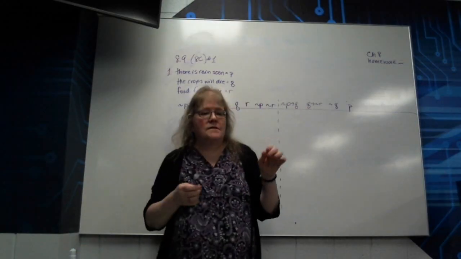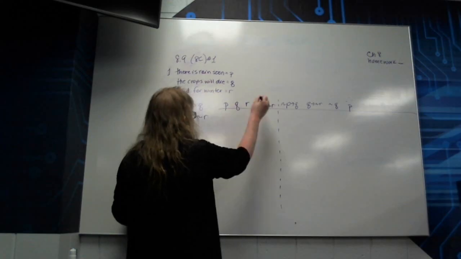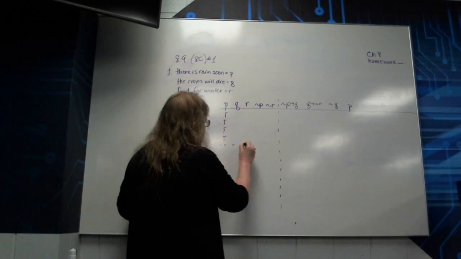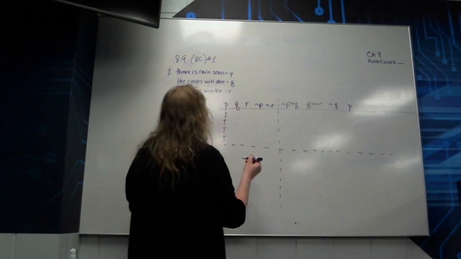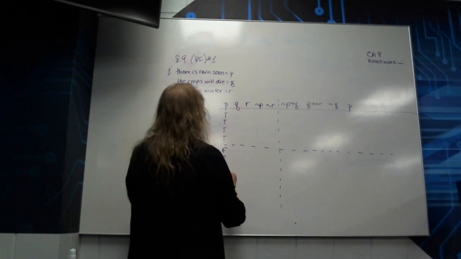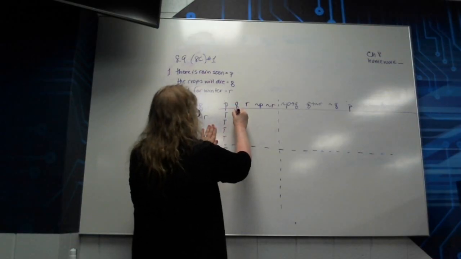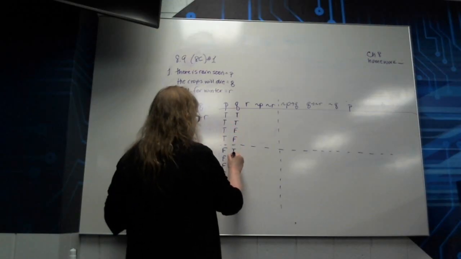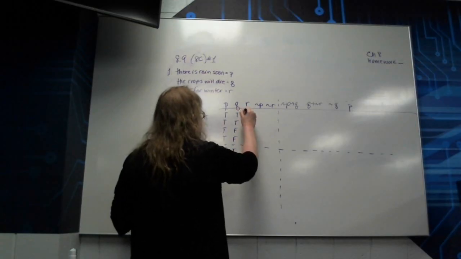I'm going to work through this and we'll see how we do. Okay, again, 4 by 4 because we have 8. Okay, so half and half. My P is 4 by 4. My Q is 2 by 2. And my R is 1 by 1.